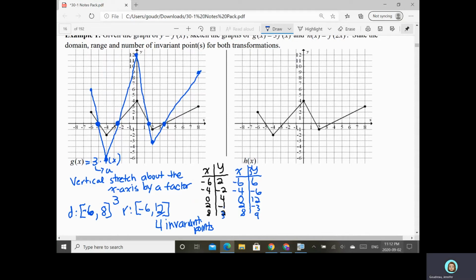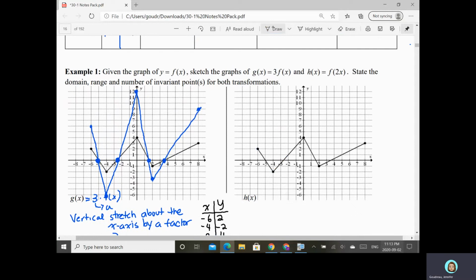Let's move over and look at h of x. We are given the equation for that. h of x is equal to f of 2x. So our coefficient is in front of the x. It's not a parameter a. Here we are talking about parameter b.